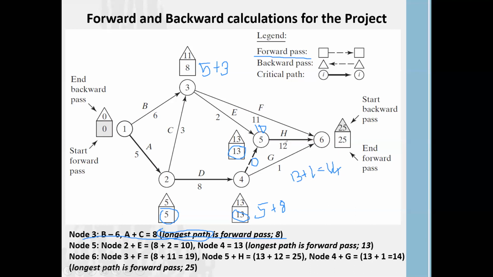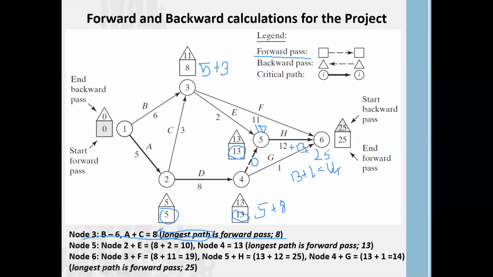Now, coming to 5, you have to complete this path, which means your forward pass is 13. Then 13 plus activity H, which is 12, gives 25.